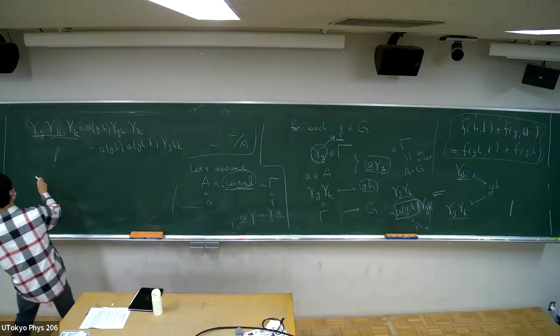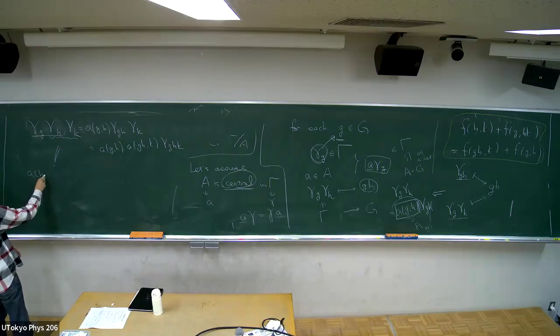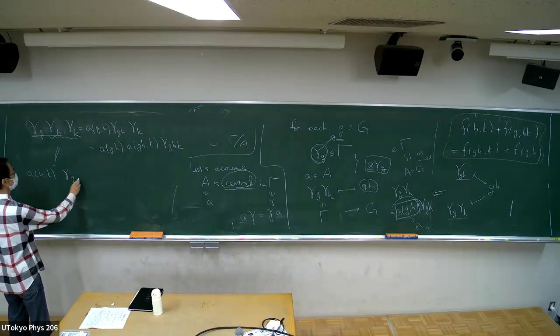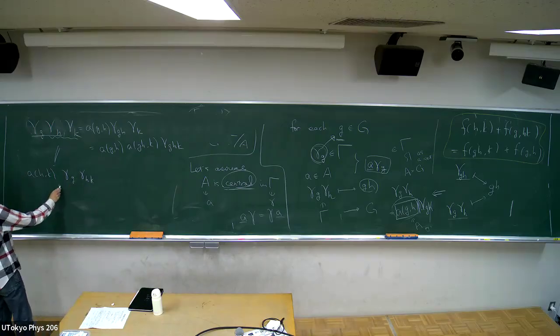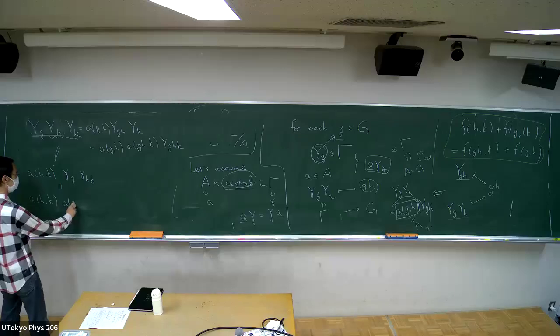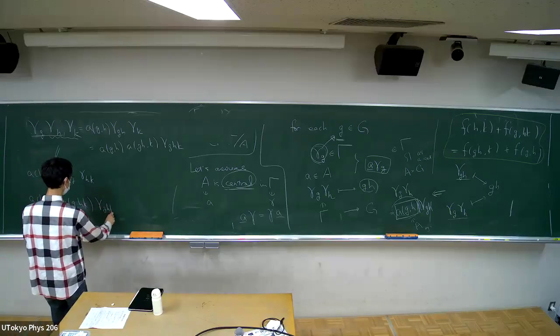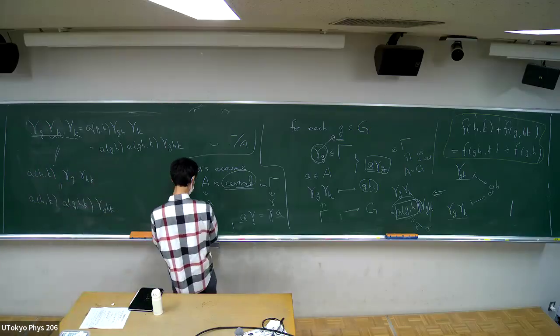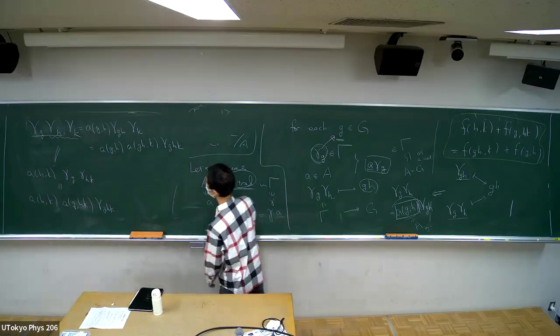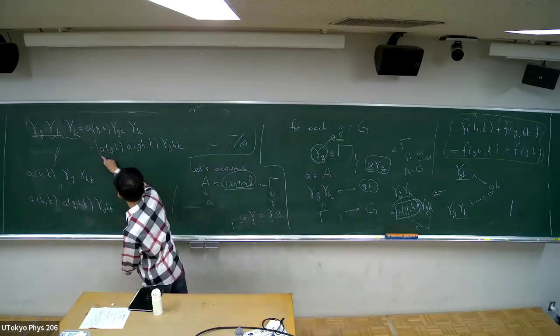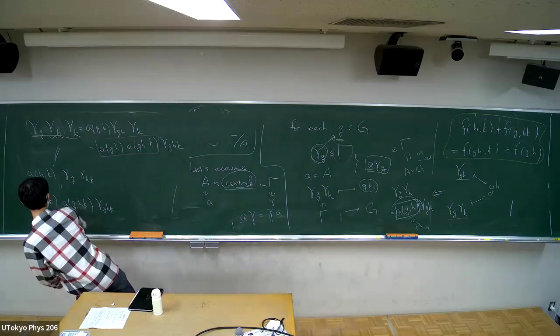This gives you a(h,k) gamma_g gamma_hk, which is a(h,k) a(g,hk) gamma_ghk. So in order for the multiplication rule of capital gamma to be consistent, this product needs to be equal to this.